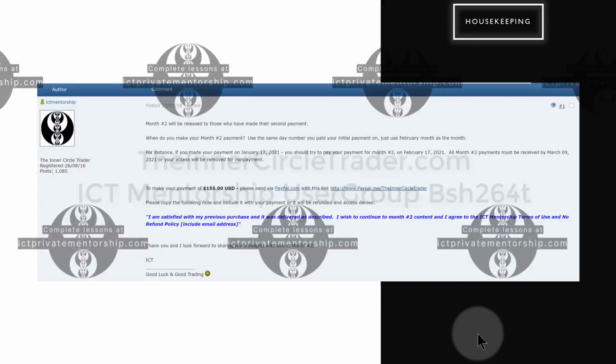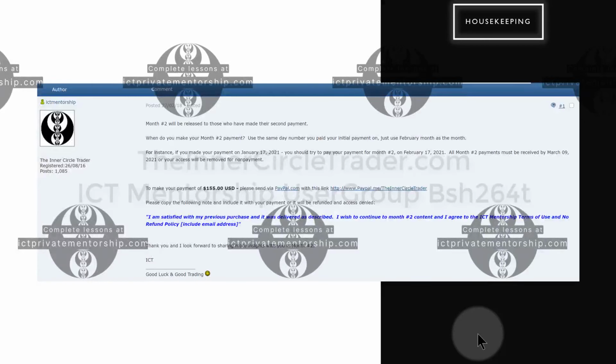Now, here's really important that you understand this. If you are trying to wait until the last day, March 9th, and then you're going to make your payment, if all of you or a large portion of you do that, we're going to have a problem, because you're all going to be bottlenecking towards the last day where my staff can work the payments and process them. So we've asked, if you are able, if you're willing, to help us spread the payments out: whatever date your first payment was made on, use that same date going forward every single month.